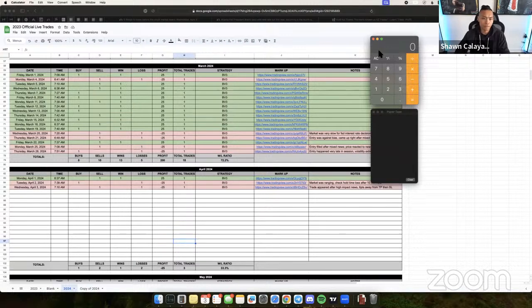Looking at the numbers, we had 14 wins plus 7 losses, so a total of 21 trades. 14 divided by 21, we're still at a 66 or 67% win rate right now, which is really good for a one-to-one. Typically, one-to-one strategies are supposed to be around 50 to 52%. So we're still at a very good win rate.